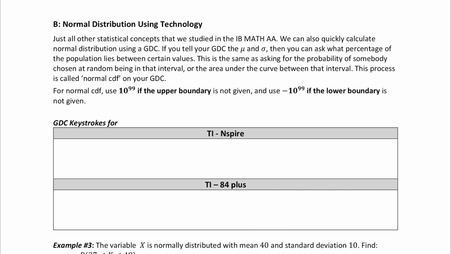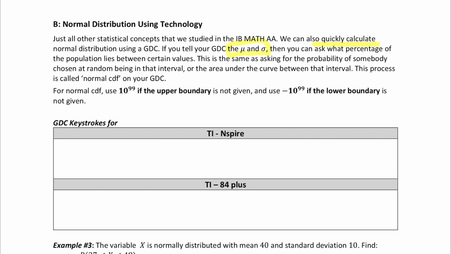Okay, then let's talk about how to calculate the normal distribution using technology. Just like all other statistical concepts that we studied in the IB Math AA curriculum, we can also quickly calculate the normal distribution using GDC. So if you tell your GDC the mean and standard deviation, then you can ask what percentage of the population lies between certain values.